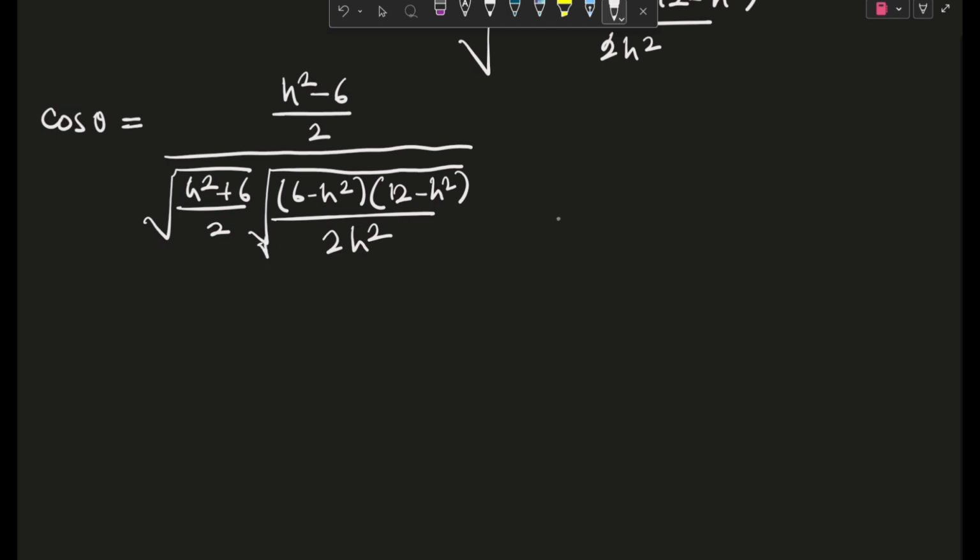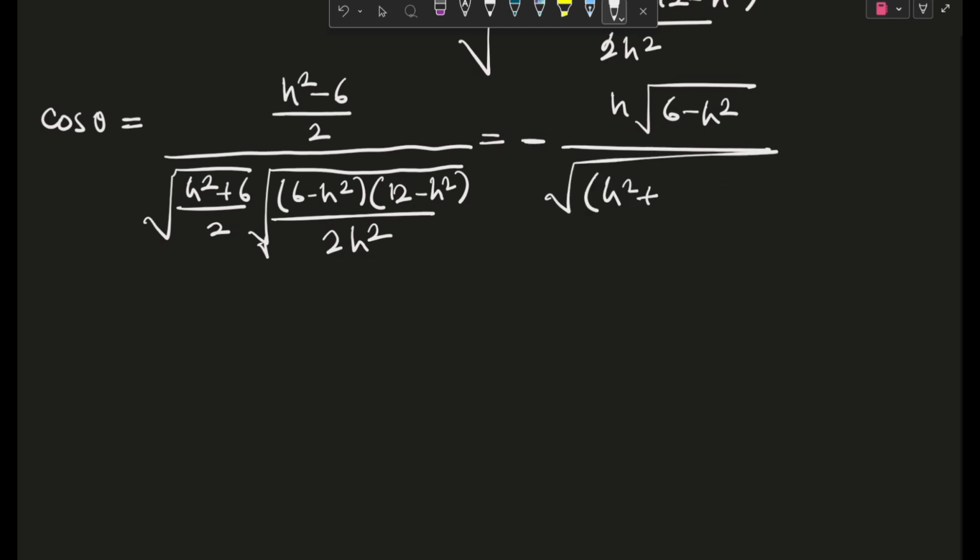So guys, if we manipulate this a little bit, very easy manipulation actually, this will come out to be a minus here. H root under of your 6 minus H square, minus of H root under 6 minus H square, and this thing will be whole divided by root under H square plus 6 and multiplied by 12 minus H square.